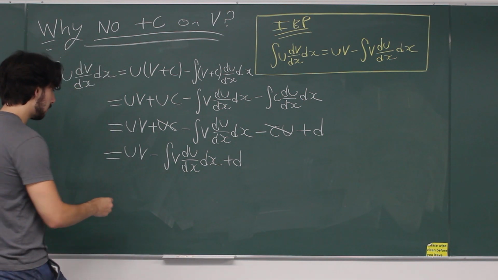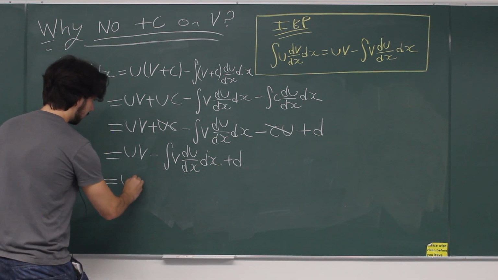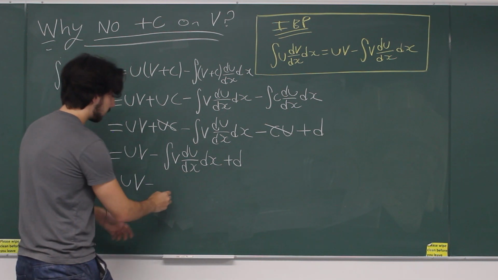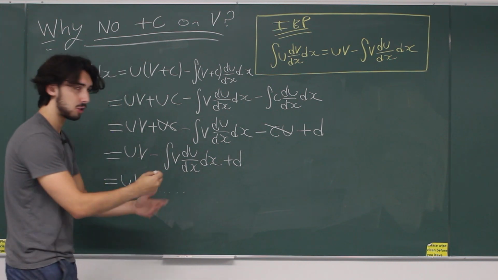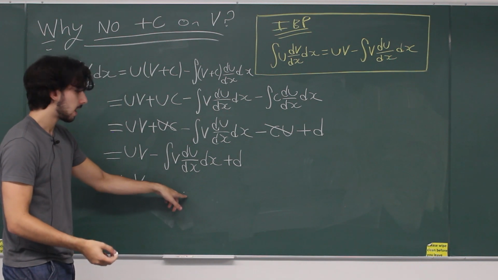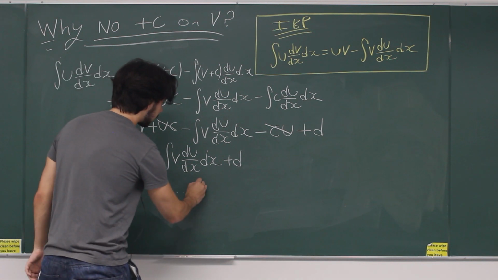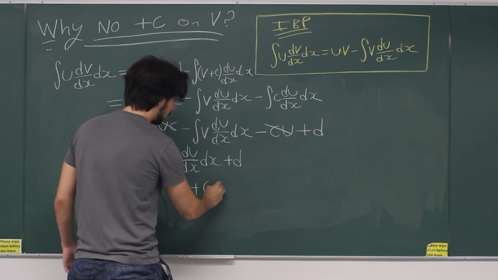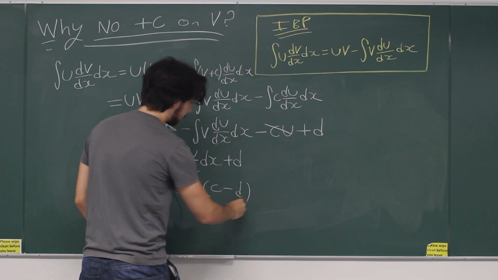So what you could have, hypothetically, is that this integral here, when you actually do this, becomes, you know, blah, blah, blah, whatever function that you like. This is a function. And the constant of integration could be something like some constant minus another constant.